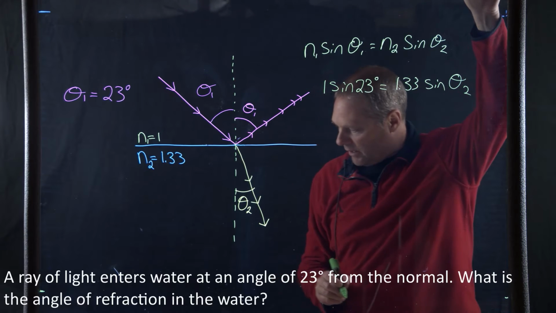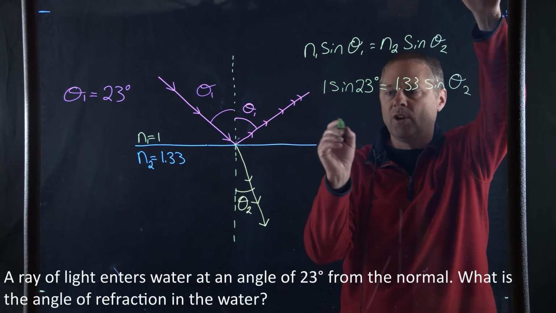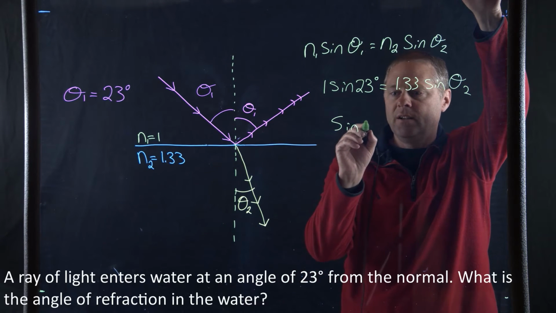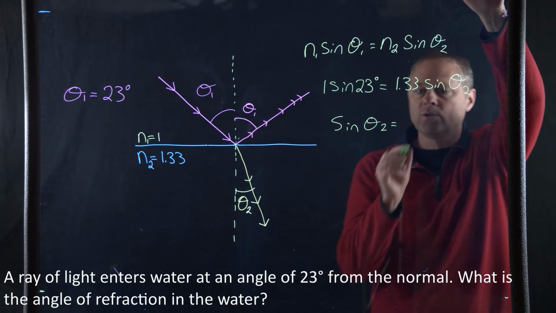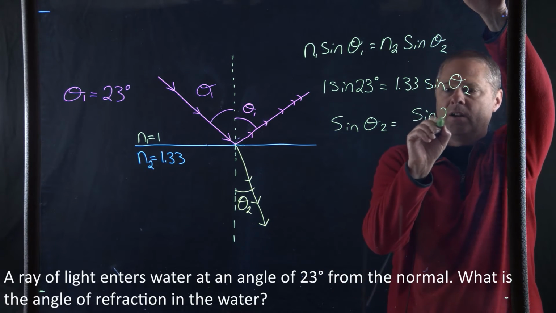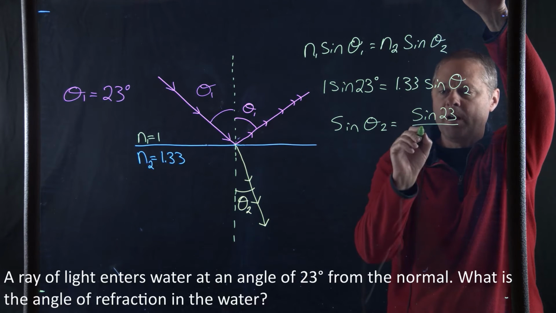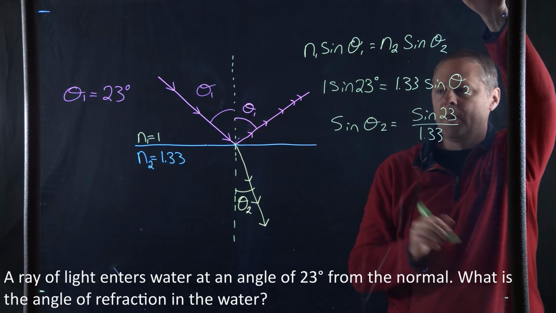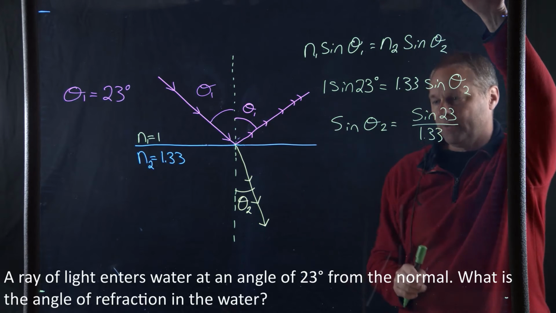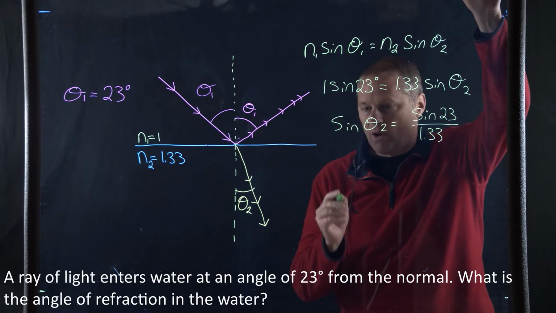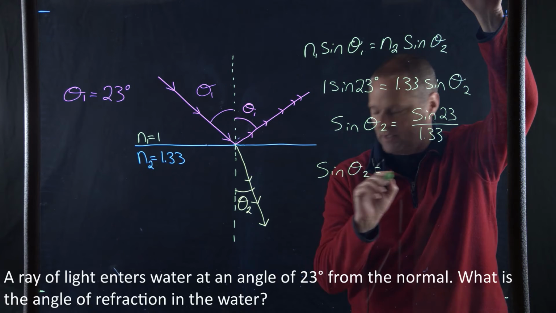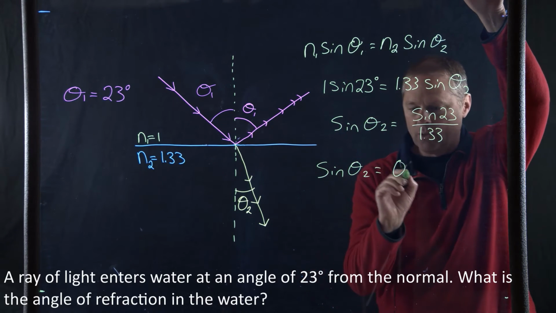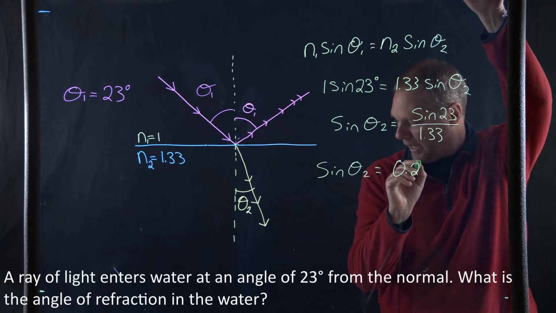Okay? Now if you solve this, sine of theta 2 is equal to the sine of 23 divided by 1.33. We come up with the sine of theta 2 is equal to 0.293.